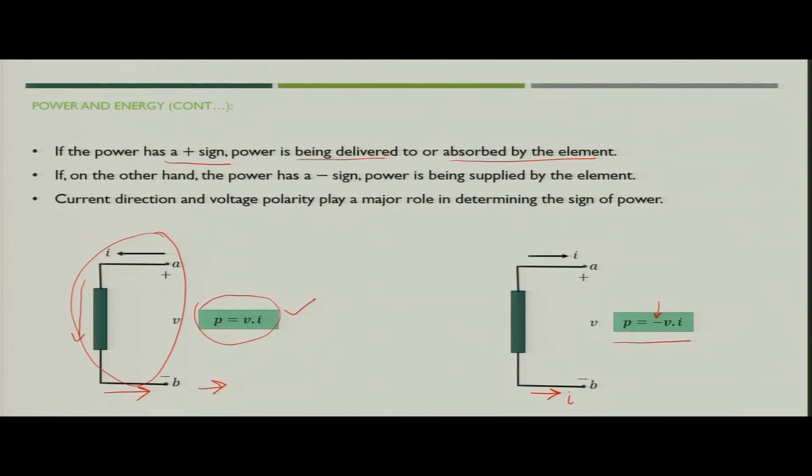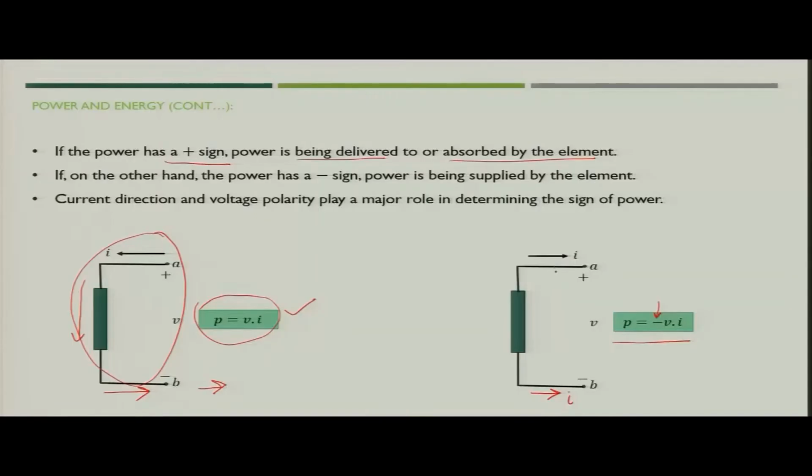It means that power is being consumed by the element. While in the case of the other figure, if current is going inside the negative terminal, you will again get the power as negative. It means that the power is being supplied by the element.